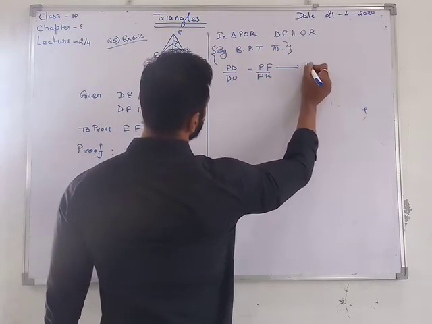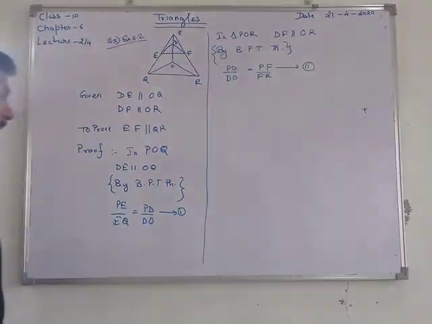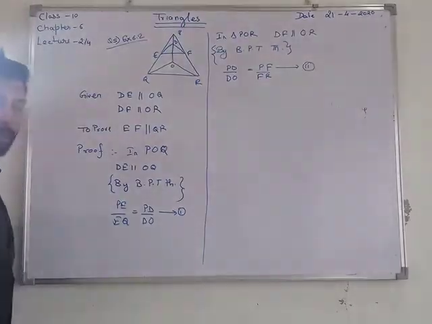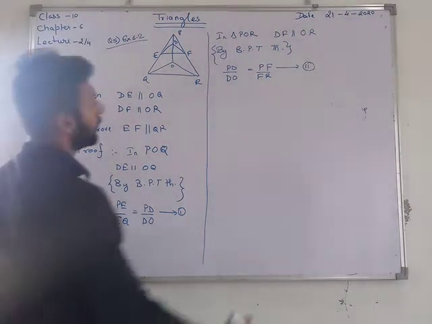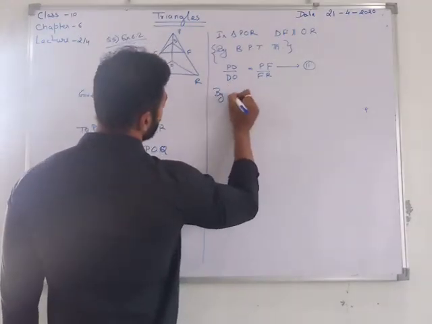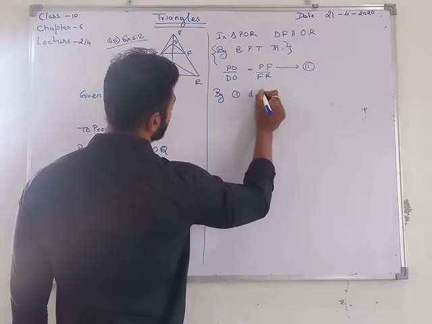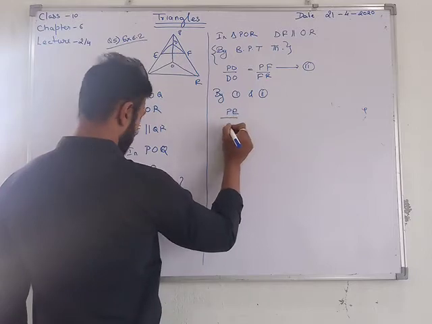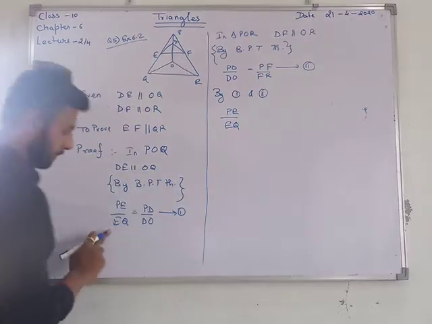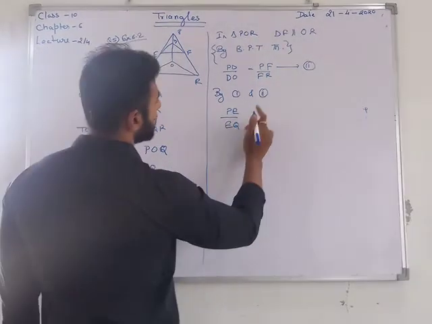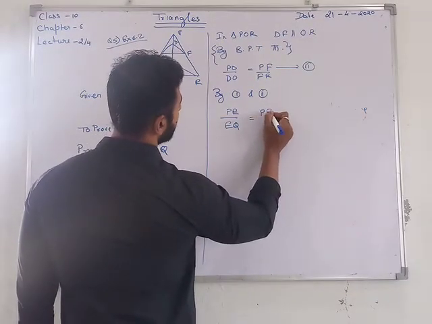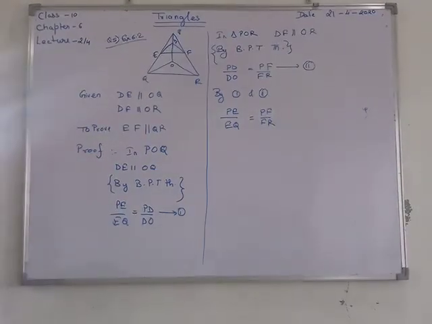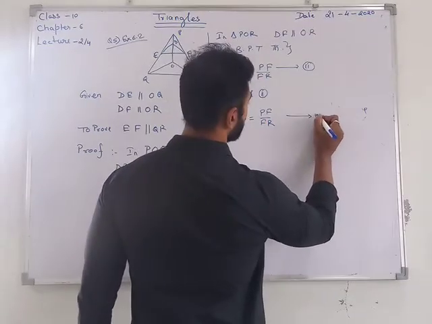This is equation second. Now PD upon DO is common in both equation 1 and equation 2. So PE upon EQ is equal to PF upon FR. This is third.